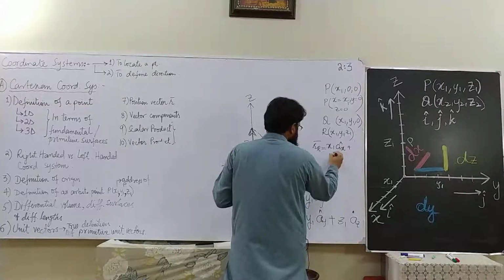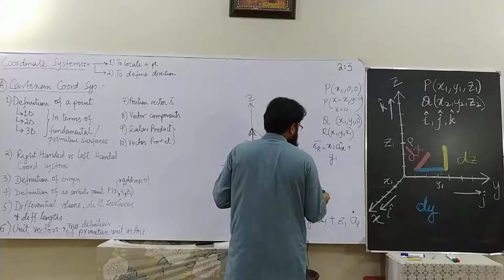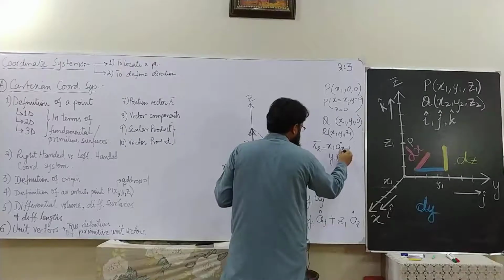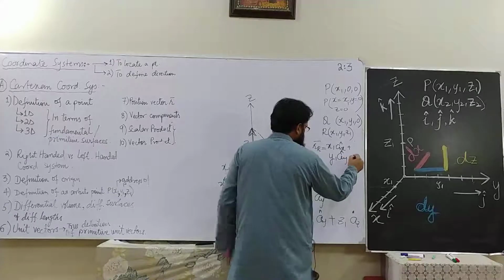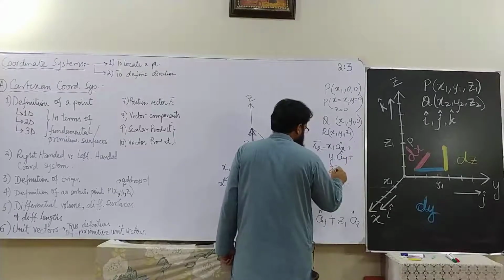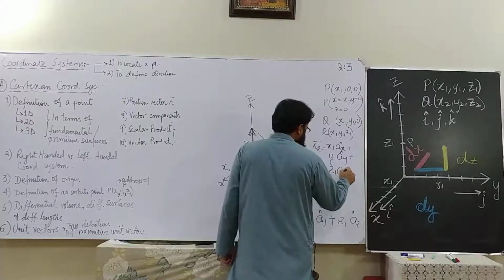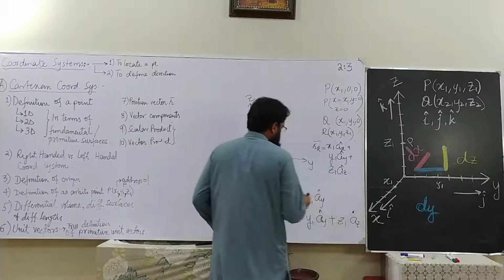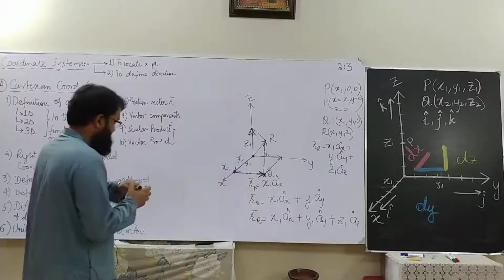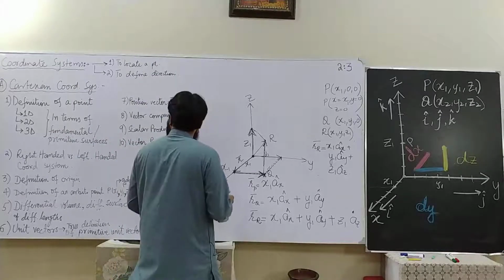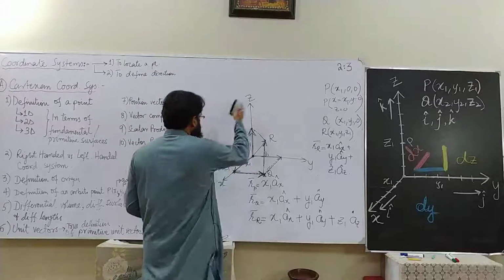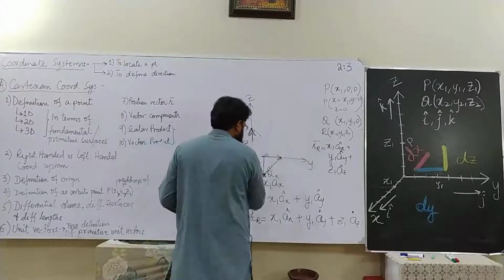Then we take the y component and multiply that by unit vector in the direction of y, and then we take the third component and multiply that by the unit vector in the direction of z. So this is how we locate a position vector.